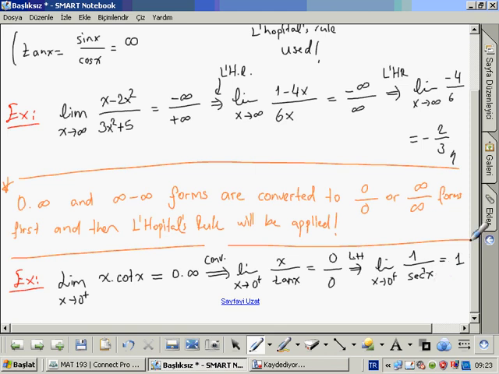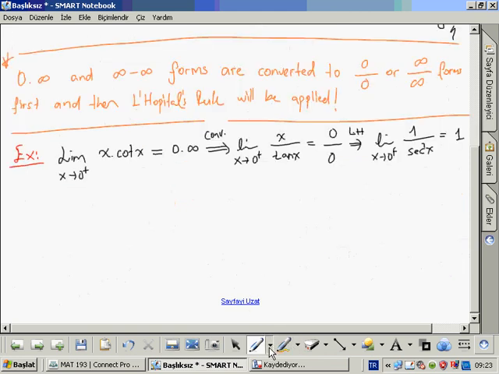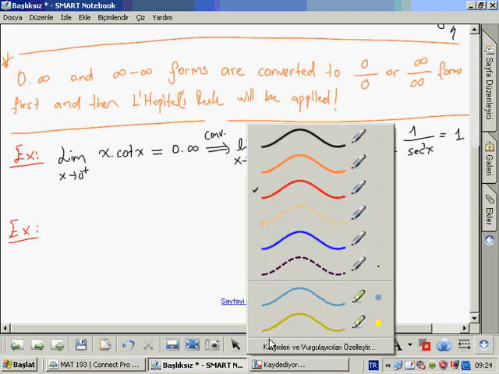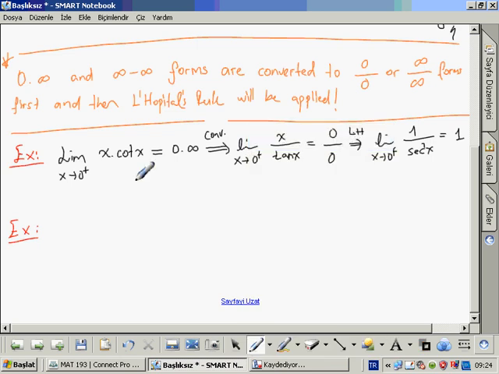Let me continue with another example, which is about infinity minus infinity, maybe infinity plus infinity, it's not important, and we must convert this type of form to the infinity over infinity type, don't forget it.